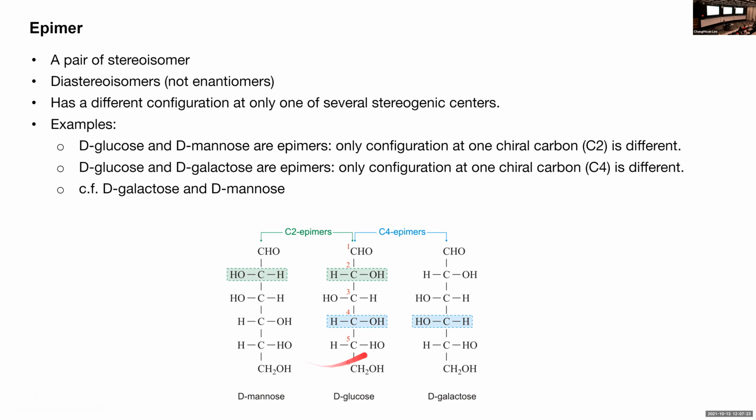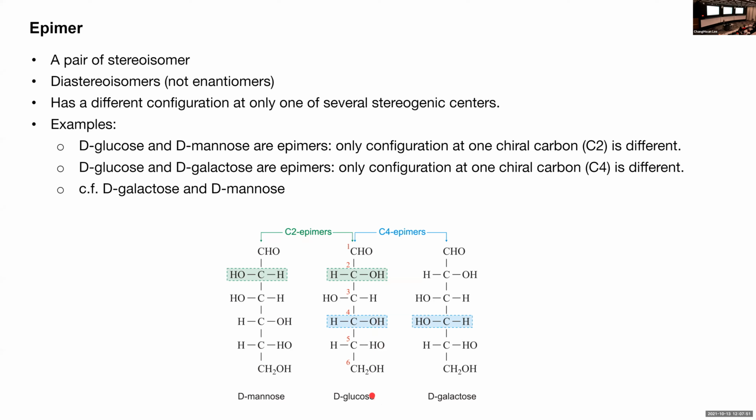The arrangements are the same except for this C2, where it has OH on the left-hand side for mannose, but the right side for glucose. So these two, mannose and glucose, are epimers because they have only one different configuration that is not a mirror image, right? And this happens at C2, so they are called C2 epimers.